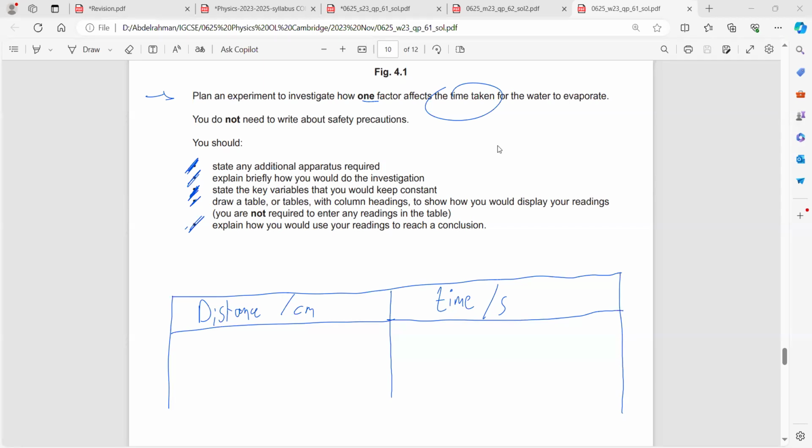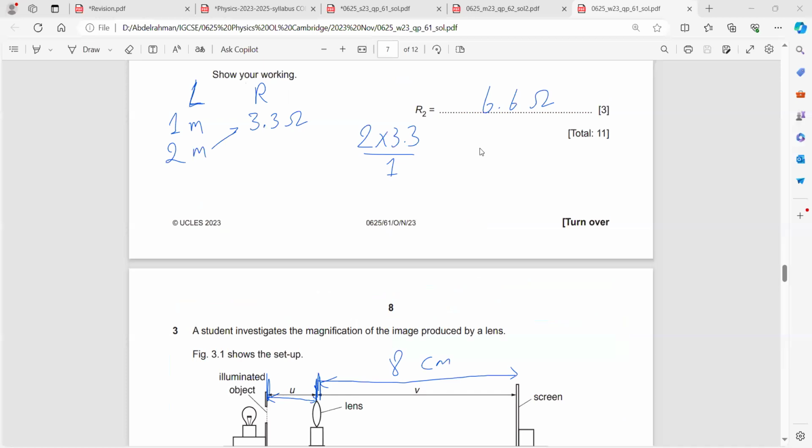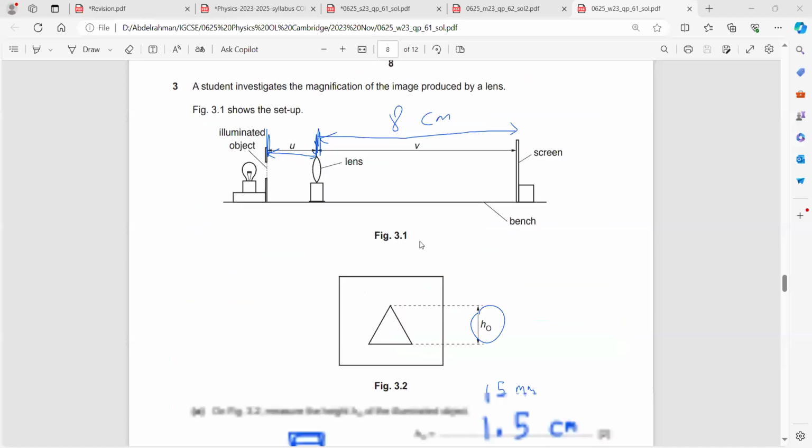Sometimes there are experiments about the lens, meaning he asks something related to the lens. Yes, you could have the same lens experiment in the planning experiment question. For example, plan an experiment to determine whether the thickness of the lens would affect the focal length, or the principal focus, of the lens.